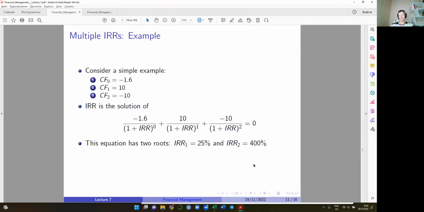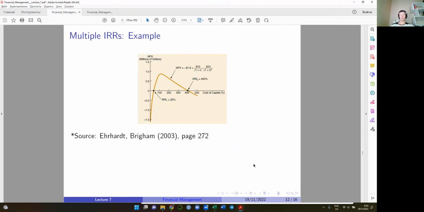You have 2 profitabilities, you need to live with this. So the IRR is both 25 and 400%. We are not able to identify the internal rate of return.